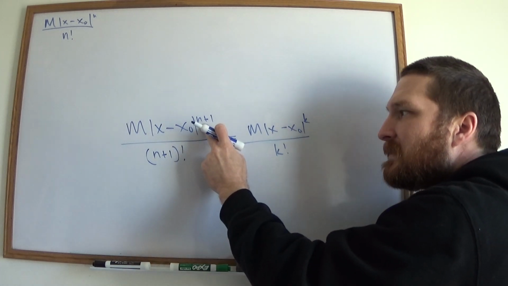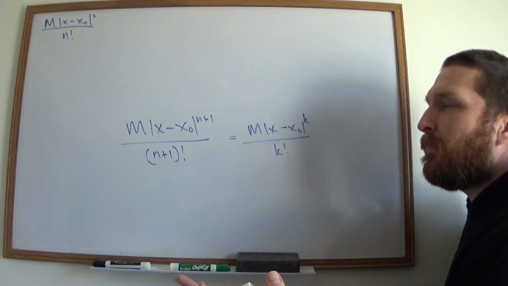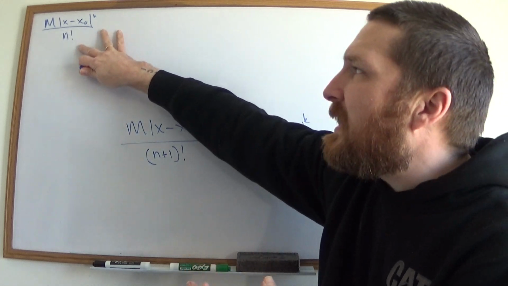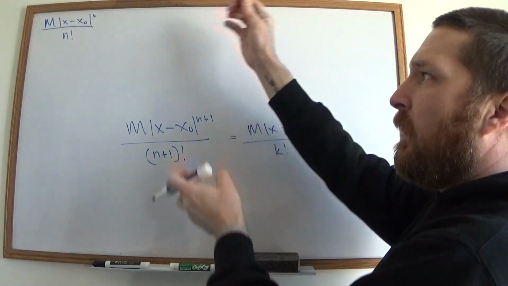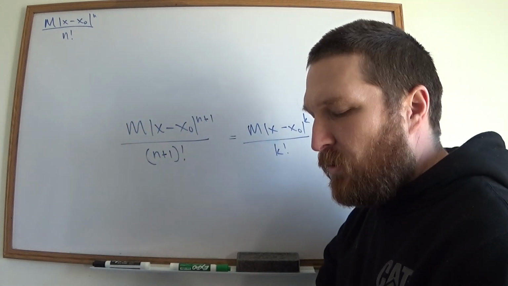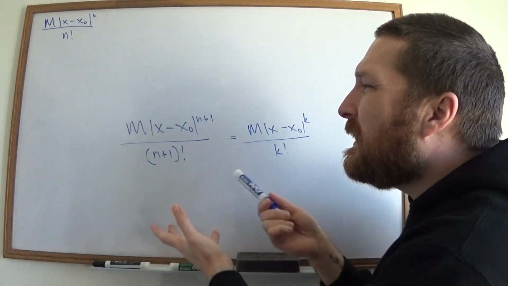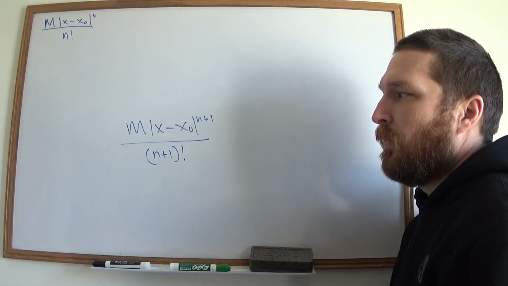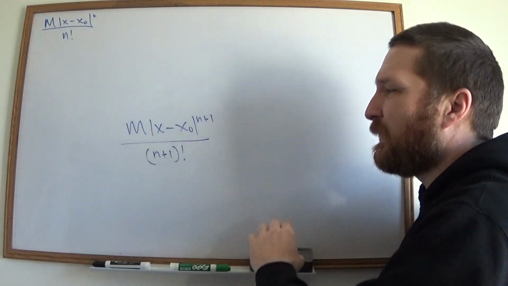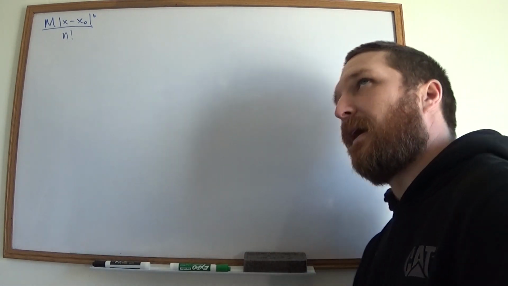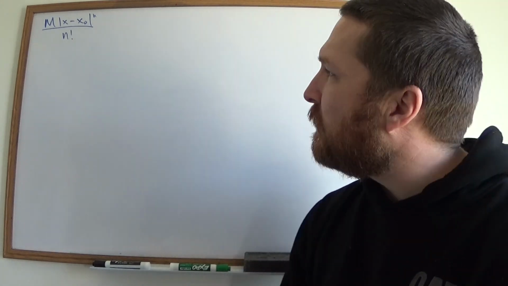If n plus 1 is getting really big, k is getting really big, right? So I think if we prove that this goes to 0 as n gets really large, then you believe that this also goes to 0 when n gets really large. Let's not split hairs here. It's just going to be easier to deal with n instead of n plus 1. Okay? So let's start off here.